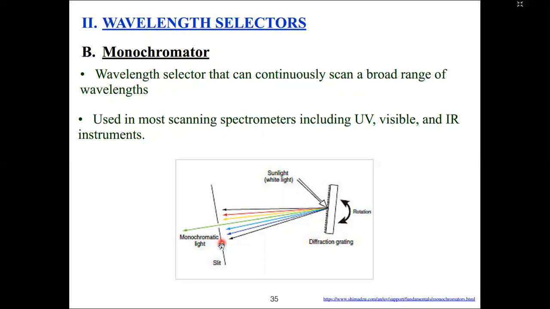But how is it observed? Say you have sunlight, which is a white light. When it strikes the diffraction grating, which is like a mirror at a certain angle, then that sunlight is separated into several colors, right? Violet, indigo, blue, green, yellow, orange, red.